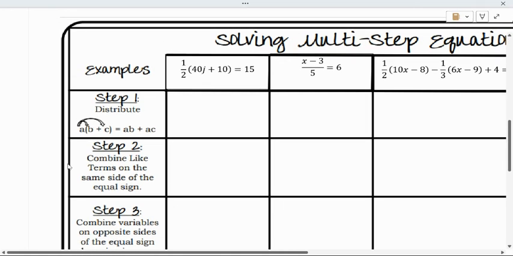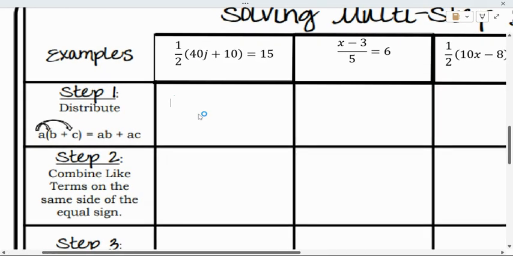So the first one, I have 1/2 times the quantity, 40J plus 10 equals 15. Step number 1 says, hey, you should distribute. So I need to make this a little bit bigger so I can write on it. So I'm going to distribute. Remember that when I distribute, I kind of draw arrows over the top, because that means I'm doing what with the number outside?